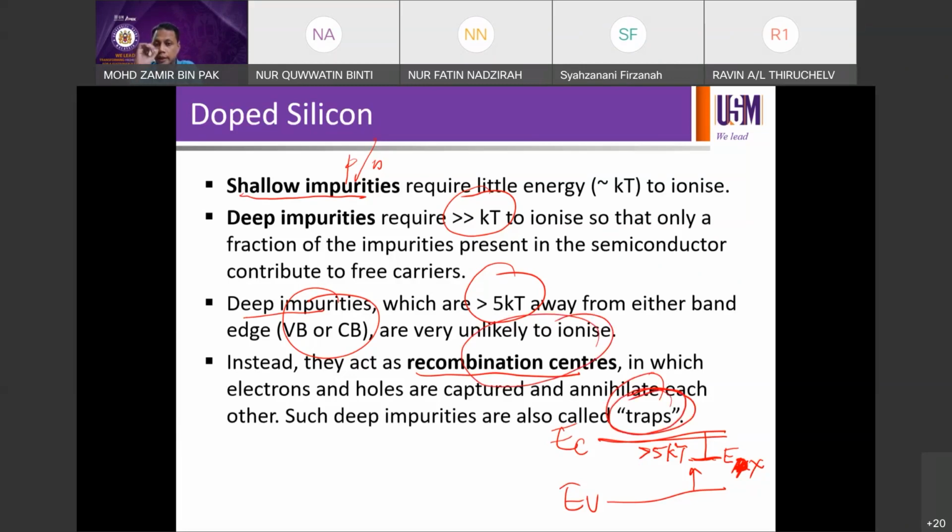So apa yang akan jadi ialah dia akan trap the electrons and holes, the active electrons and holes, and they're going to go through the annihilation process and be removed from the system. Okay, they're no longer contributing to the conductivity of the semiconductor in that case.